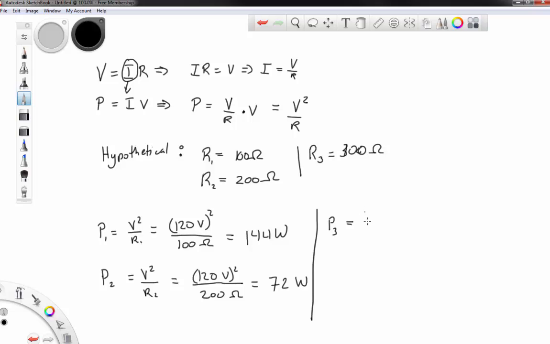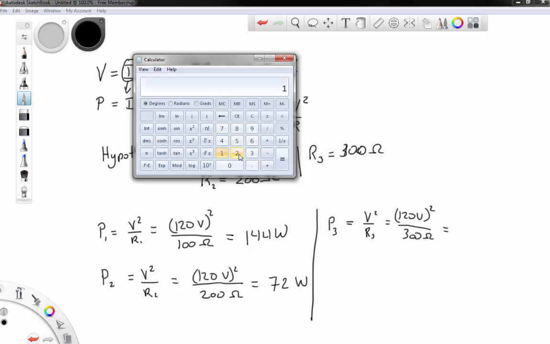So P3 is going to be V squared over R3. That's 120 volts squared divided by 300 ohms. Okay, let's see what we get. 120 times 120 divided by 300.